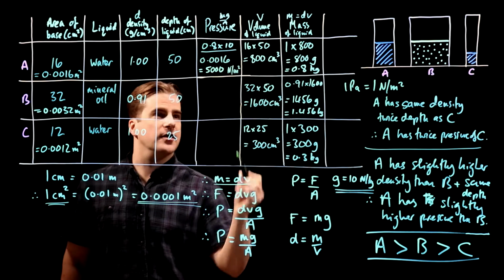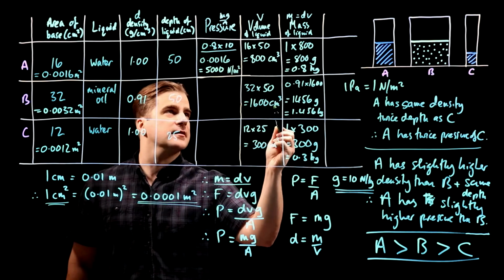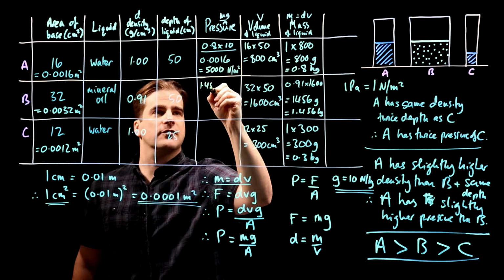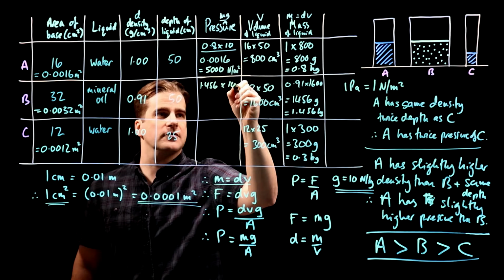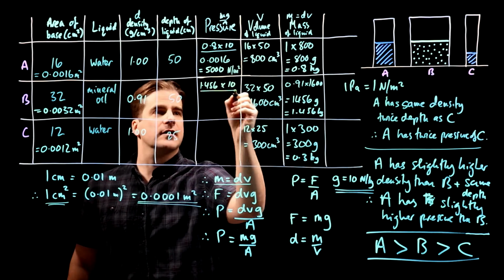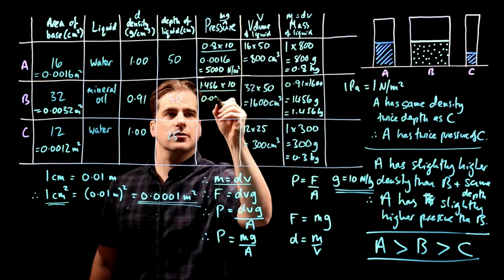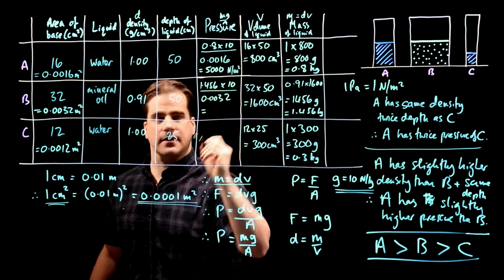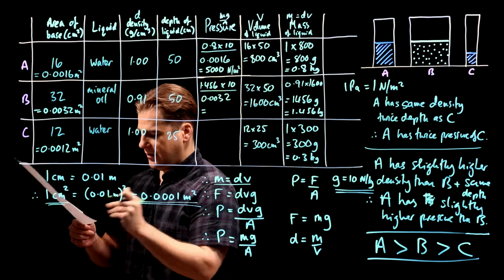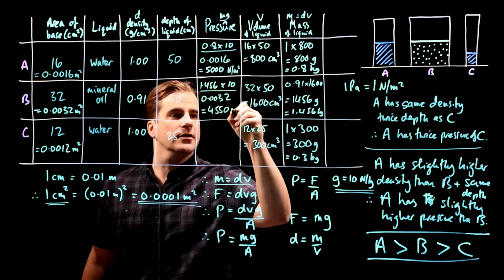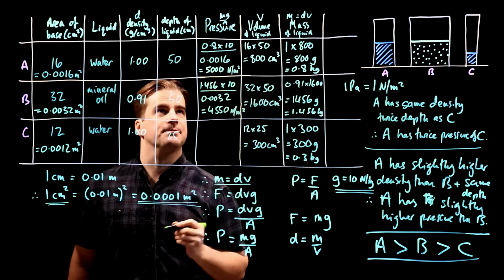Right, for B. Pressure, mg over A. Mass is 1.456 kilograms times g, which we've taken as 10, divided by the area in metres squared, 0.0032. Stick it in the calculator and you get 4550 newtons per metre squared.